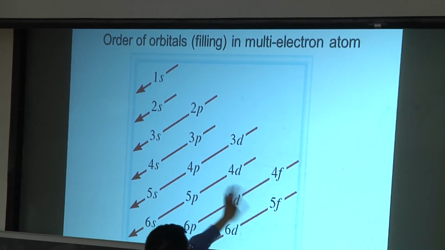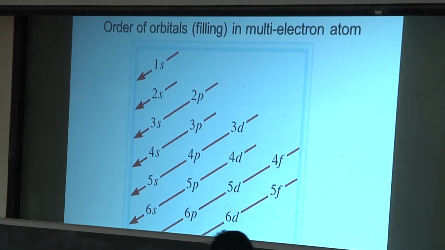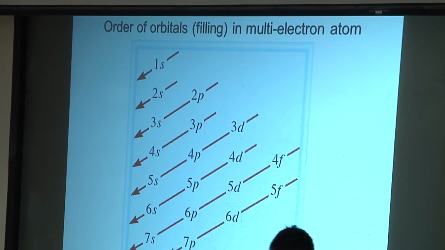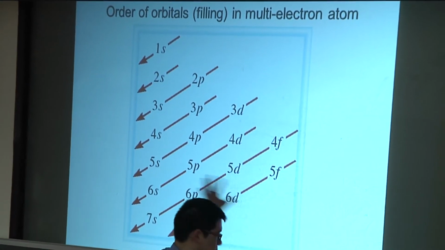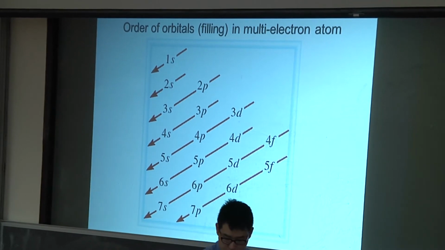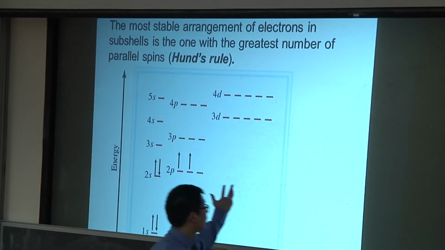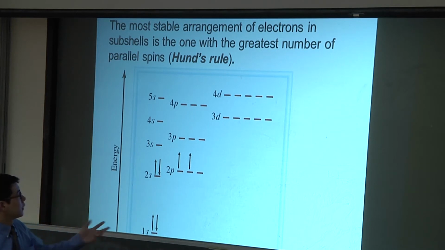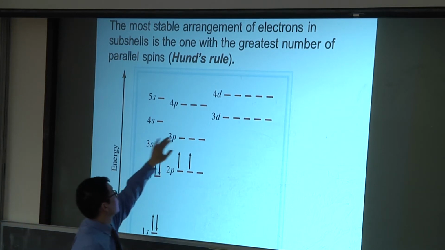We rarely ever get past that when we're asked to fill in states. But if you really like to, you can put this in your head. Otherwise, this diagram here should make sense, right? 1s, 2s, 2p, 3s, 3p.